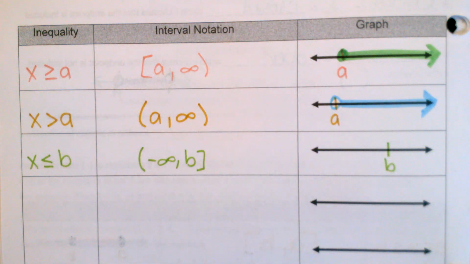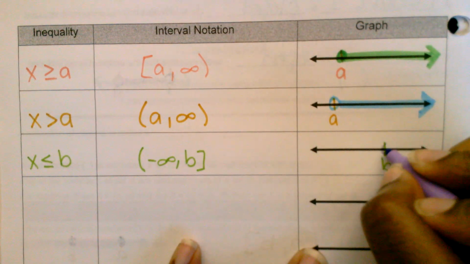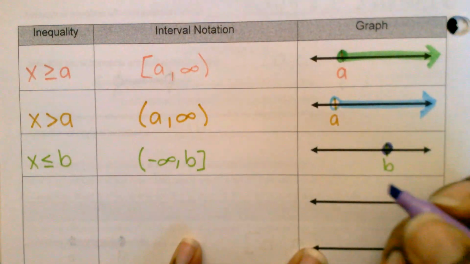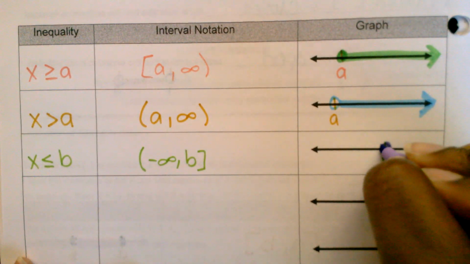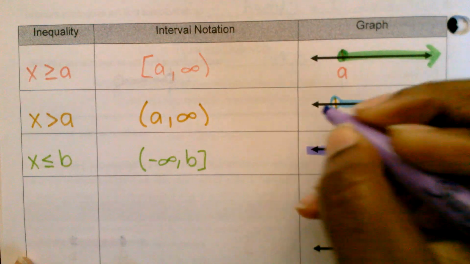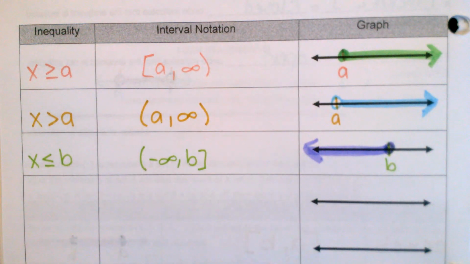Is B included or not? It is included. So it gets a closed circle. And I am shading to the left. And add an arrow.